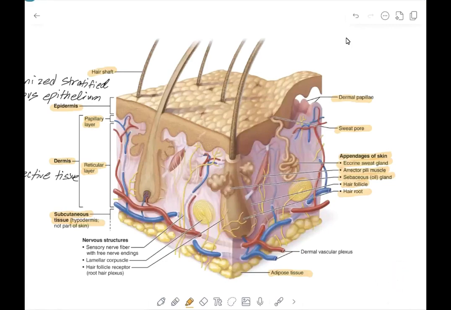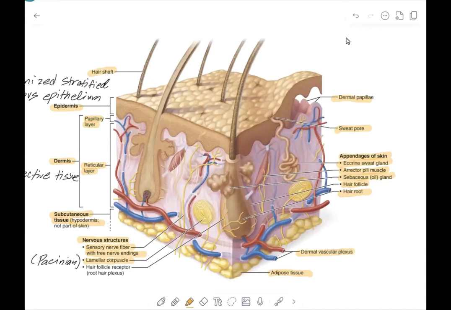At the base of the dermis, we see a group of blood vessels, and that group of blood vessels is called the dermal vascular plexus. The word plexus means that it's a group of blood vessels or a group of nerves. One of the other functions of the skin is nervous system function. So it has these nervous structures, things like sensory nerve endings, or nerve fibers with free nerve endings, a lamellar corpuscle, which is also called the Pacinian corpuscle.